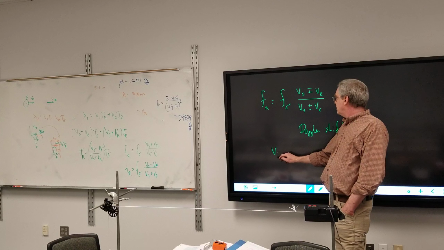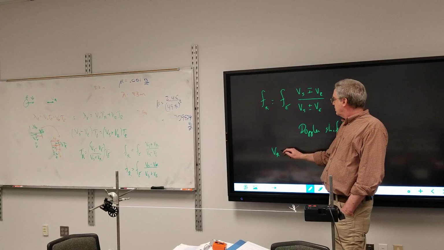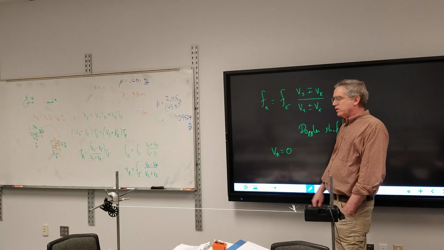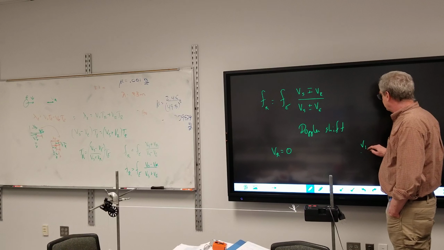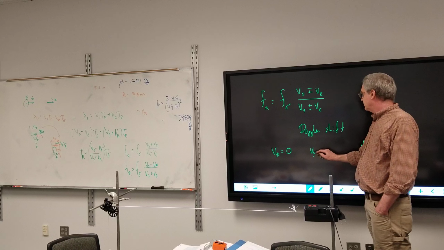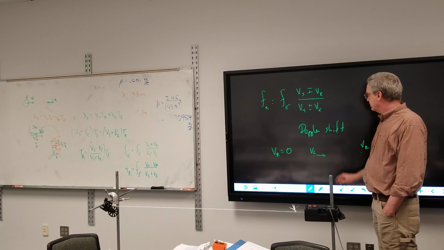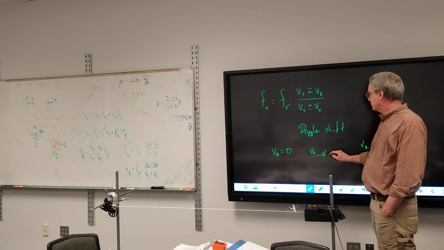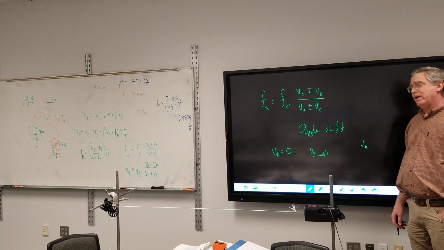Now suppose VR is 0. So you got a receiver just sitting right there. You got an emitter traveling this way at the speed of sound. What happens?